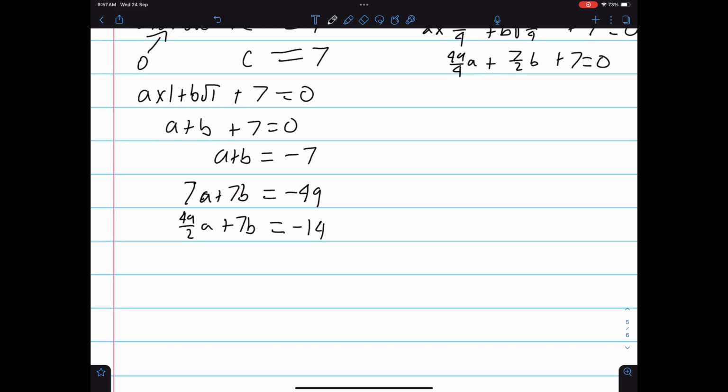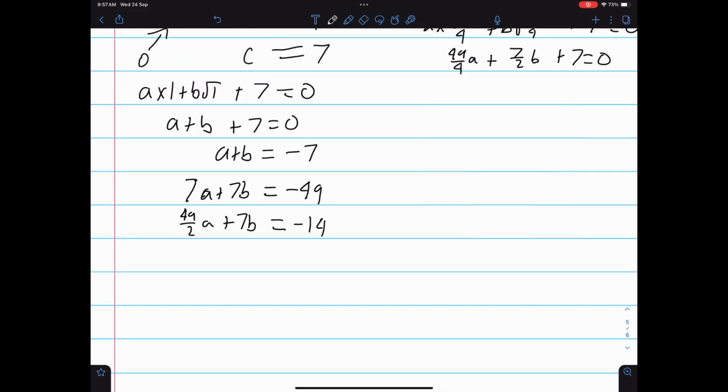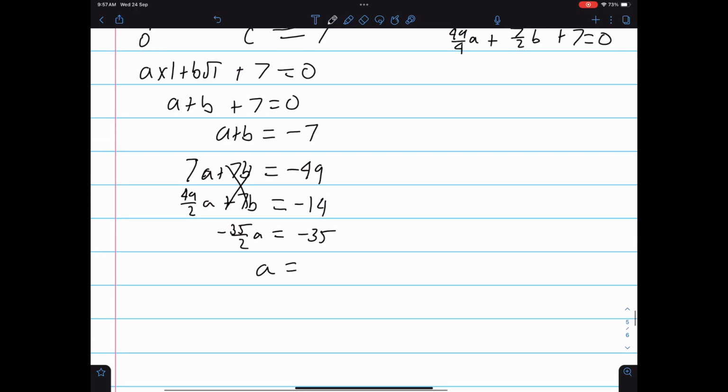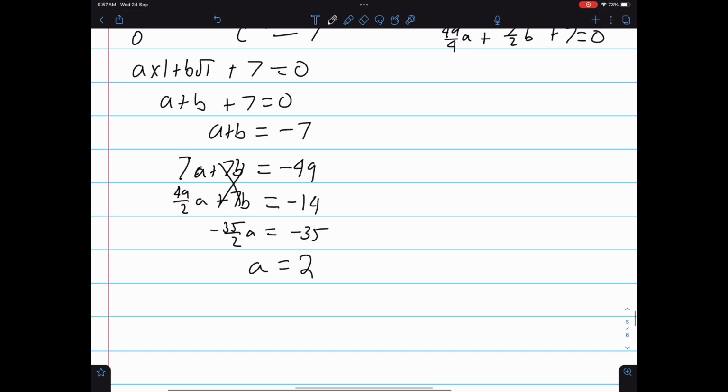Then I'd subtract both of them. These will both eliminate. And then if we divide that through, we'll get a equals 2.